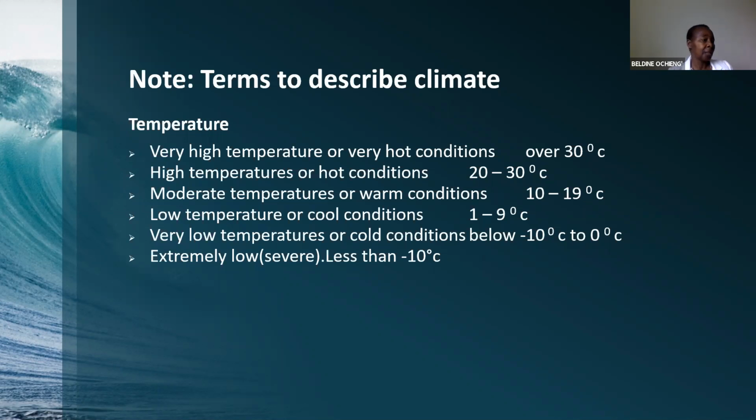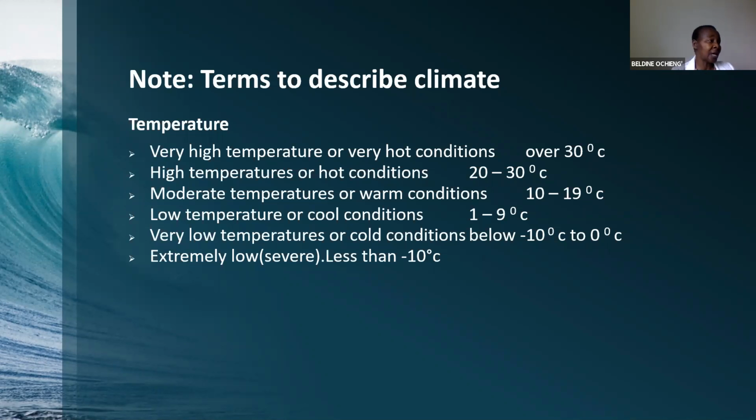That is moderate temperature. Low temperature or cool conditions is 1 to 9 degrees Celsius. Very low temperatures or cold conditions, that one is below negative 10 to 0 degrees Celsius. Then very severe or extremely low is less than negative 10 degrees Celsius.